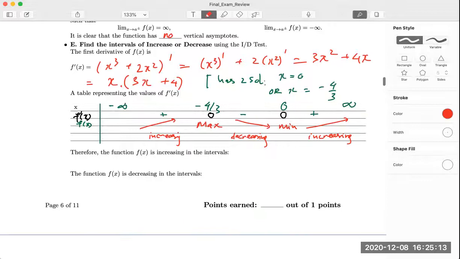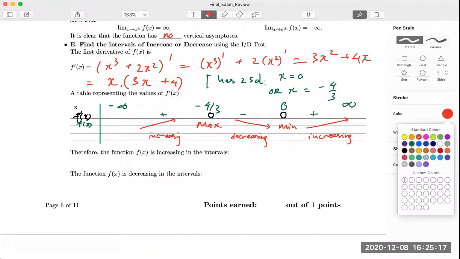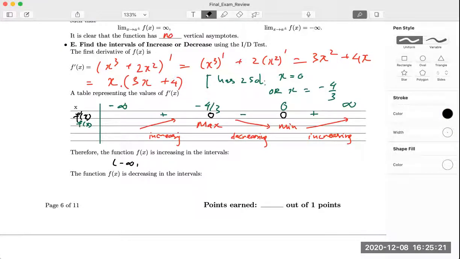Okay, we can fill in the blank here. F is increasing on two intervals. The first is from negative infinity to negative 4/3, union with 0 to infinity. It is decreasing from negative 4/3 to 0.